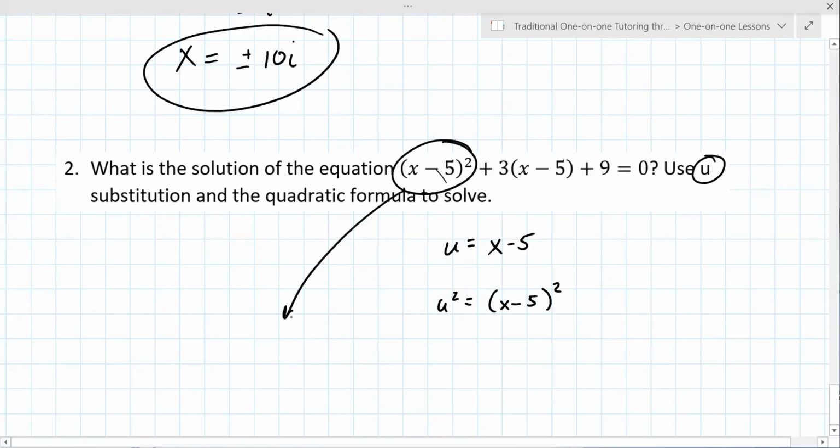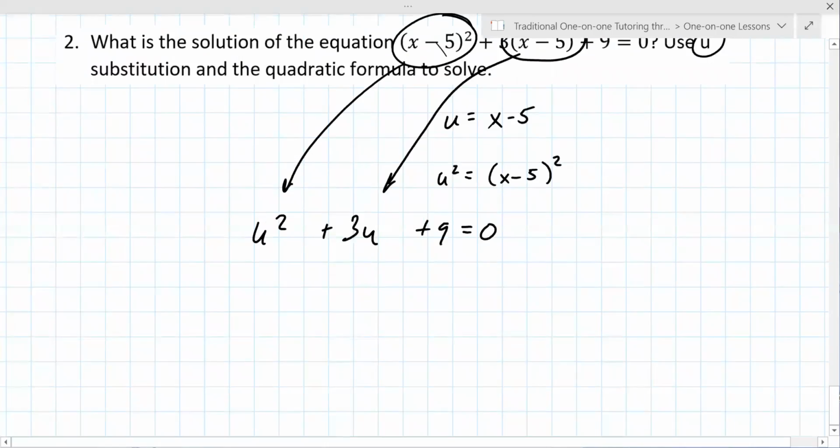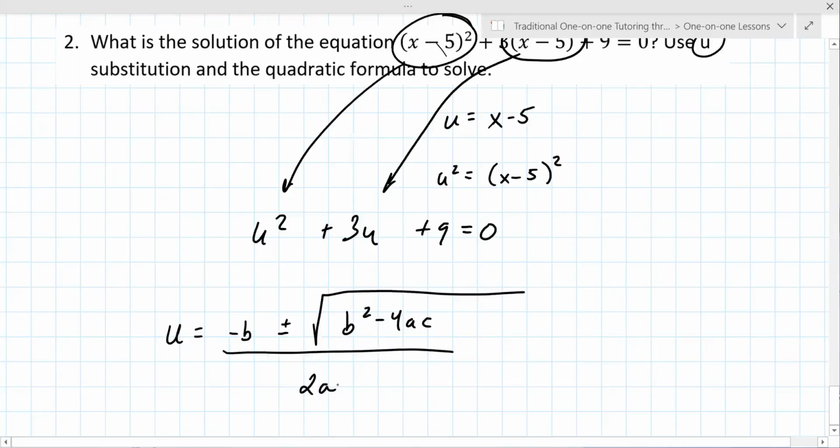This right here is going to be u squared plus 3u plus 9 equals 0. Okay. So instead of just the x, we're doing the x problem, I guess. Yeah, and so the quadratic formula is x equals, but it really now is u equals opposite of b plus or minus the square root of b squared minus 4ac all over 2a.